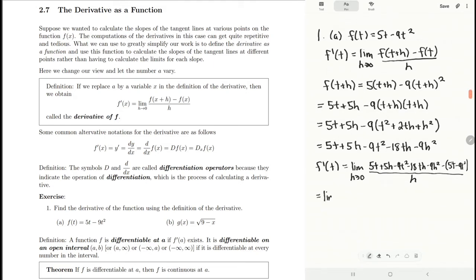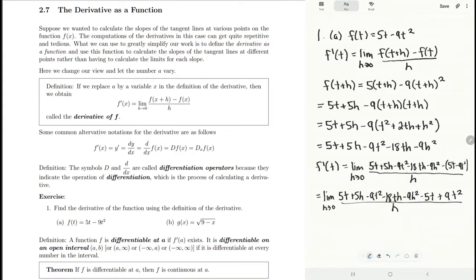So we have the limit as h goes to 0 of 5t plus 5h minus 9t squared minus 18th minus 9h squared, and then distributing the negative, we get negative 5t plus 9t squared, and that's all divided by h.